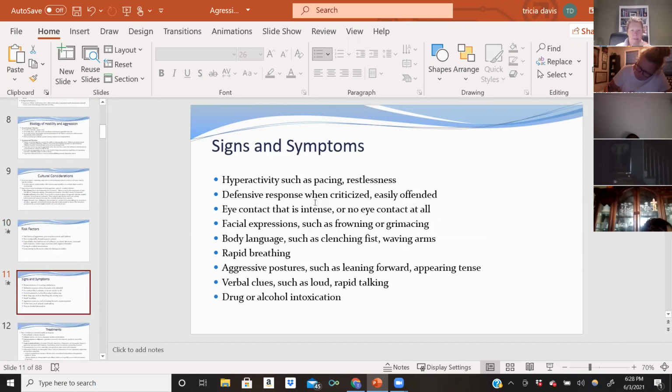So signs and symptoms of patients that are exhibiting hostility or aggression, or if they're getting ready to. Sometimes our patients will seem very hyperactive. They might be very, very restless in their seat. They might be fidgeting with their hands, rocking back and forth, or if they're standing up, they could be pacing back and forth, looking back and forth at what's going on. When you talk to them, they can become very defensive, especially when you criticize them.